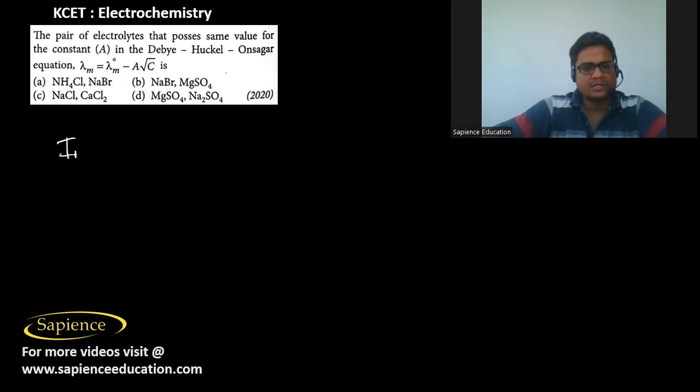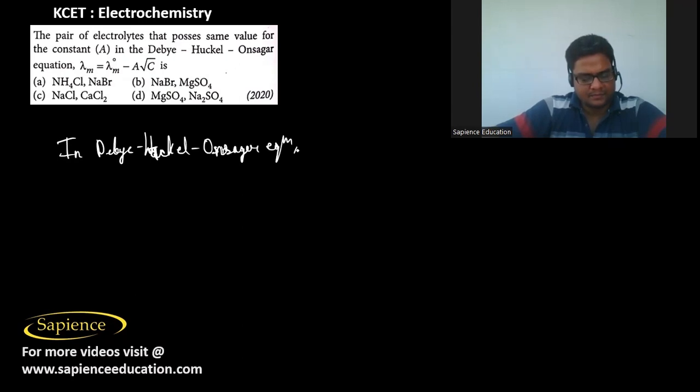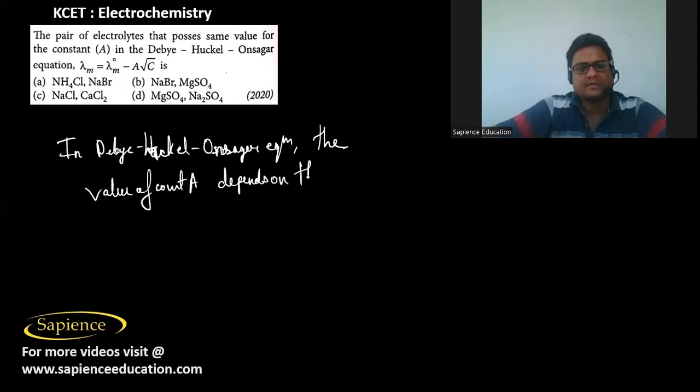So the rule is that in the Debye-Huckel-Onsager equation, the value of the constant A depends on the nature of the electrolytes.